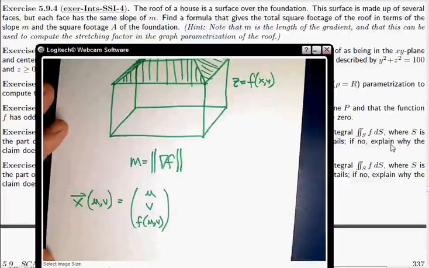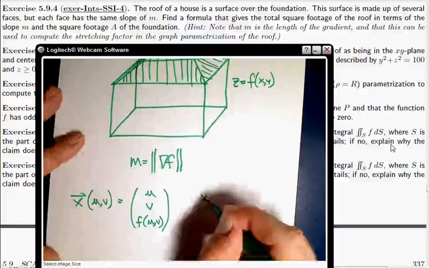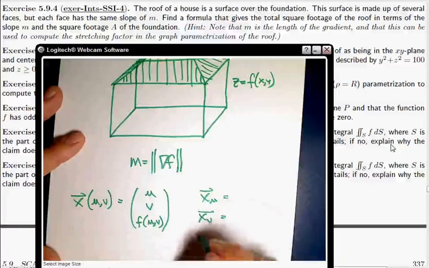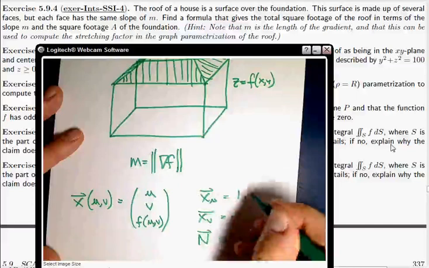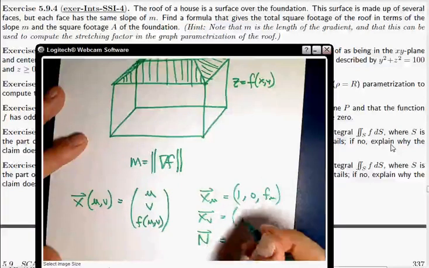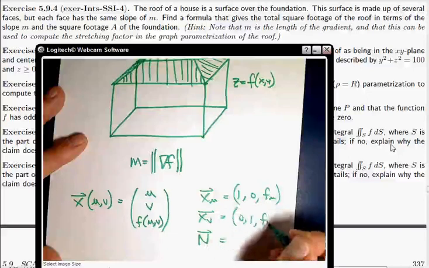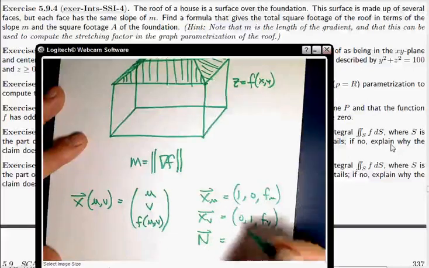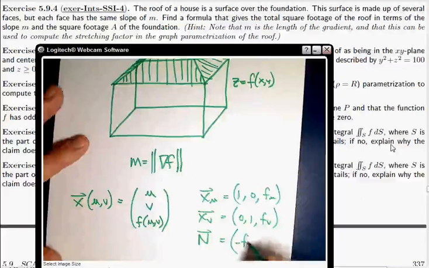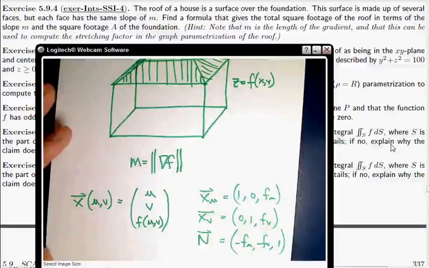So, okay, now we have to compute x_u and x_v, and we have to take their cross product to get our capital N vector, and there's some calculations in here. Here you get 1, 0, f_u, and then here you get 0, 1, f_v, and then the cross product is negative f_u, negative f_v, 1.